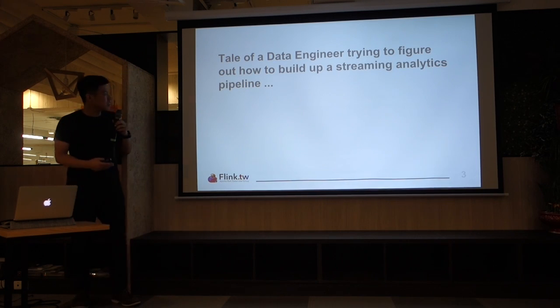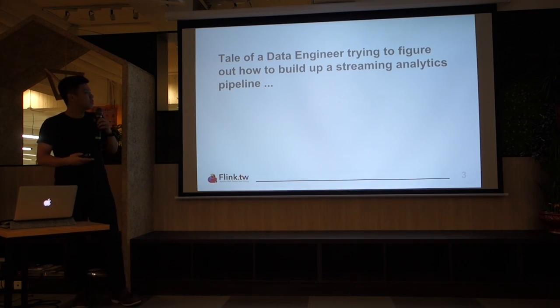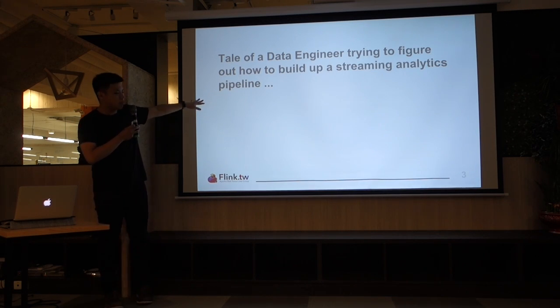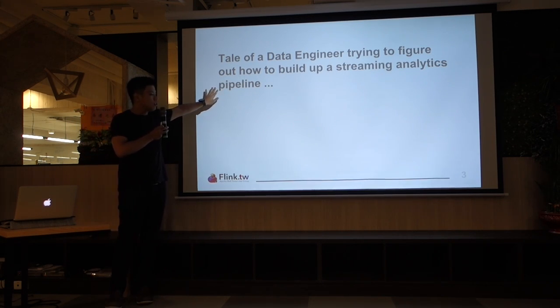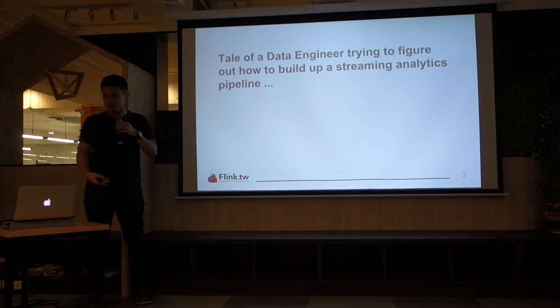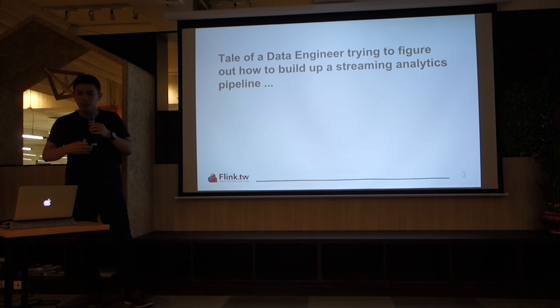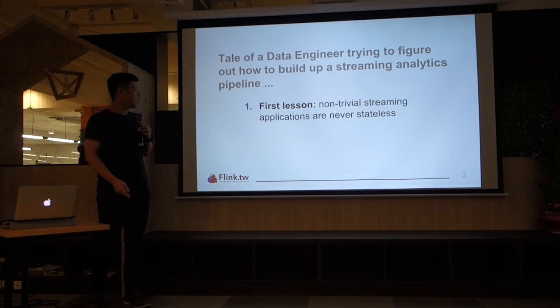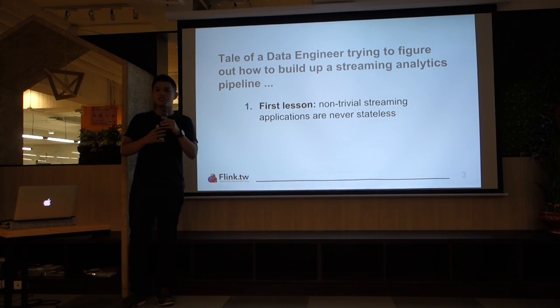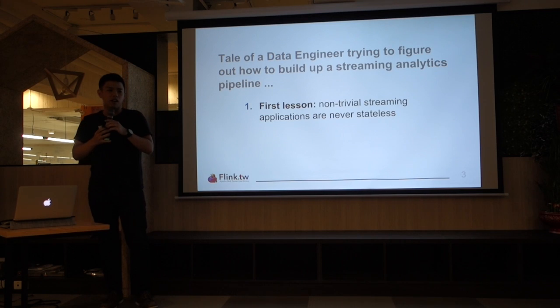So a data engineer is trying to figure out how to build a streaming analysis and analytics pipeline. This was one year ago, when I didn't know Flink. First lesson: all non-trivial streaming applications are never stateless. This is something everyone knows.